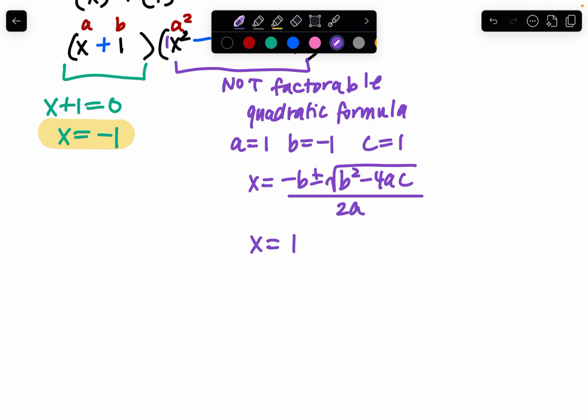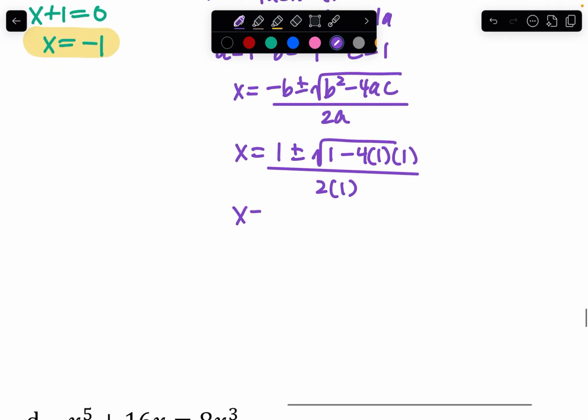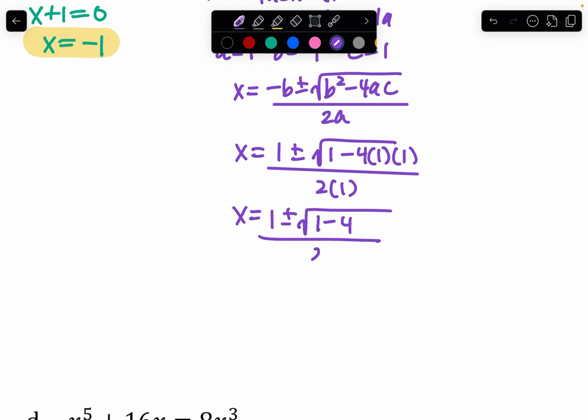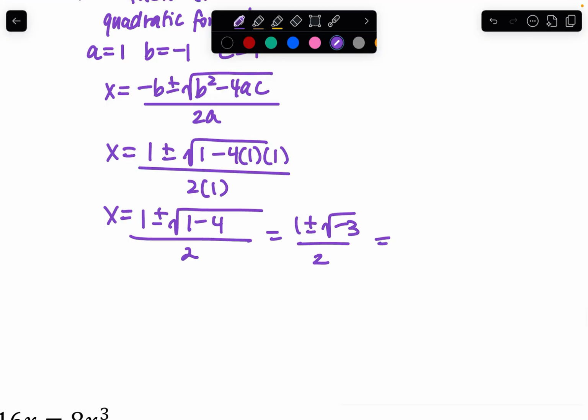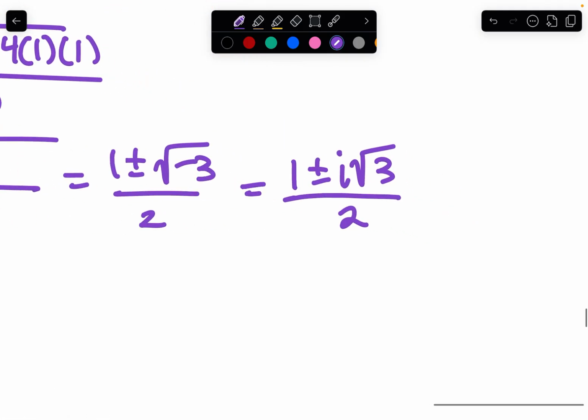And so negative b would be 1, b squared would be 1, minus 4 times a times c, all over 2a, would simplify to 1 plus or minus the square root of 1 minus 4, over 2, which is 1 plus or minus the square root of negative 3 over 2. The square root of negative 3 is i root 3, and that is the best we can do to simplify.